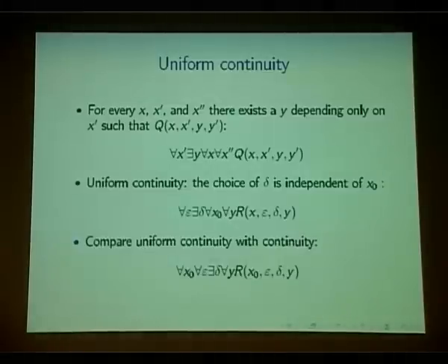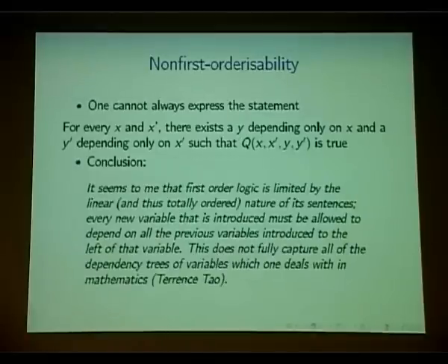Now, we cannot always express a statement like: for every x and x prime there exists a y depending only on x and a y prime depending only on x prime, such that the relation holds.